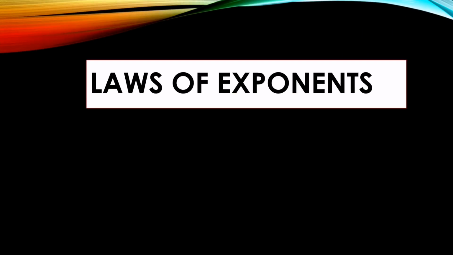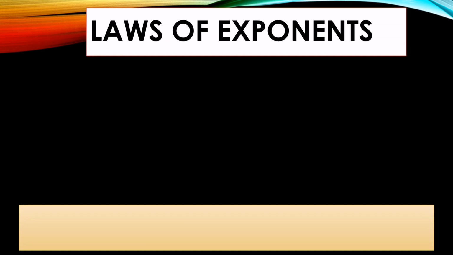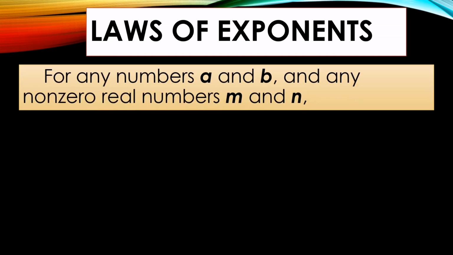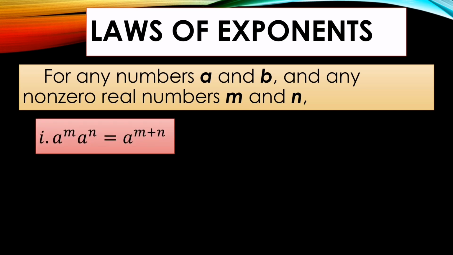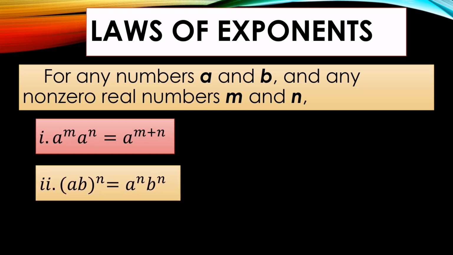Let us recall the laws of exponents. For any numbers a and b and any non-zero real numbers m and n, number 1, a raised to m times a raised to n is equal to a raised to m plus n. Number 2, (ab) raised to n is equal to a raised to n times b raised to n.